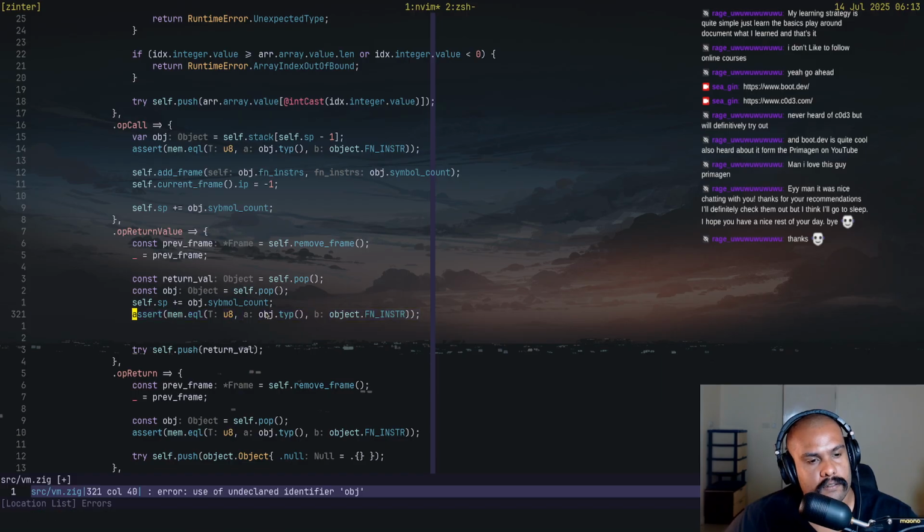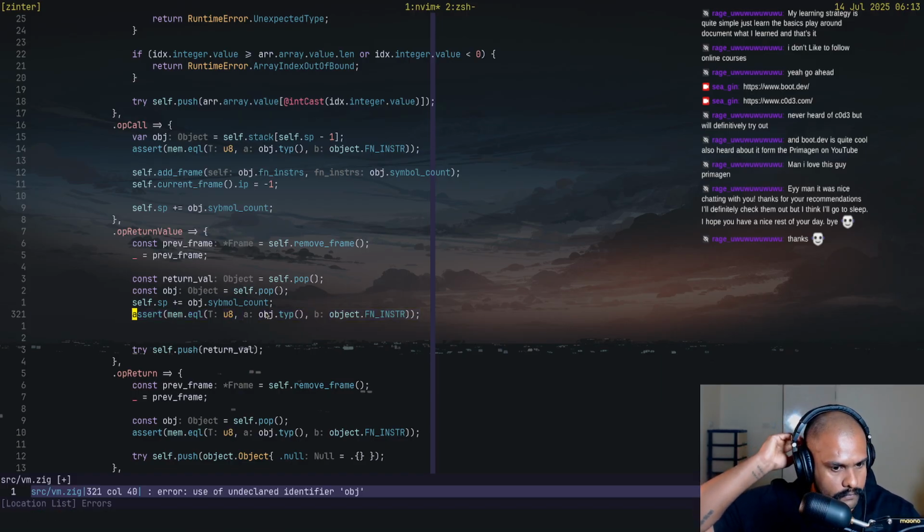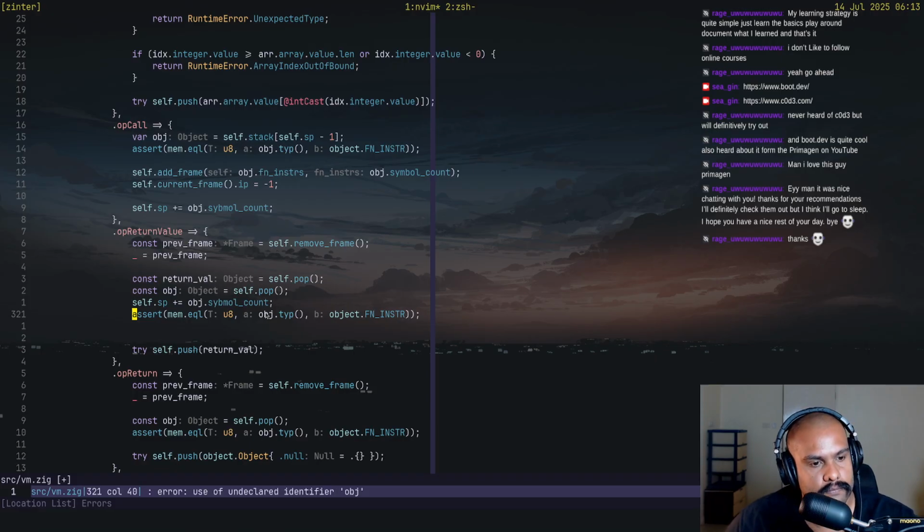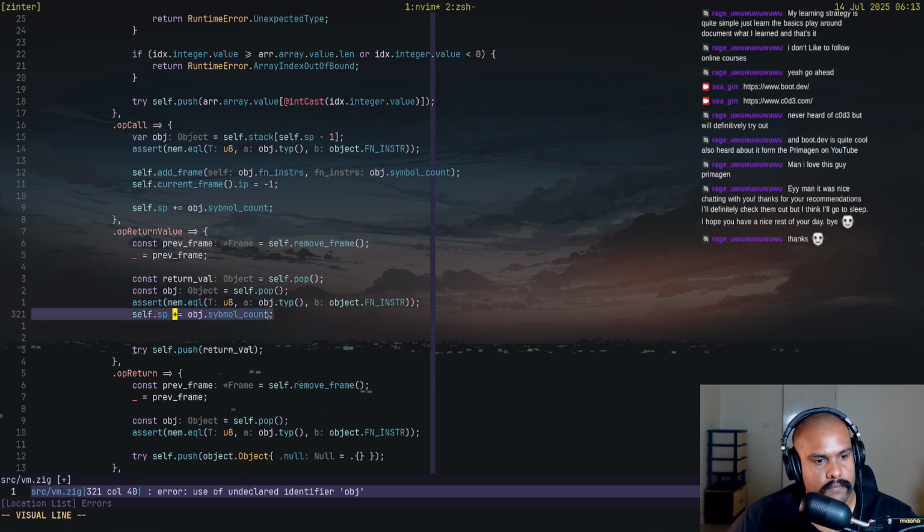Guess I can remove this assertion. And that works too.